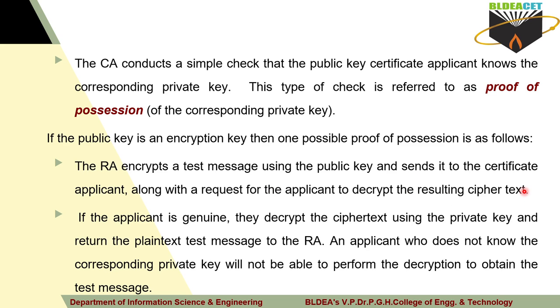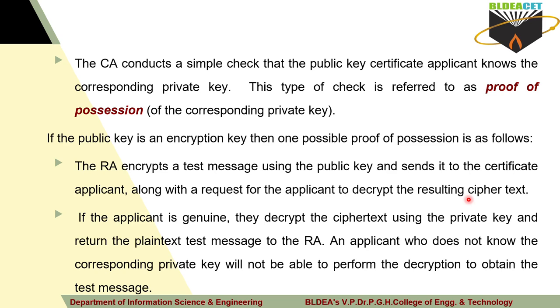So here, the RA will encrypt, because the RA knows the public key of the applicant, and with the help of that public key, the RA will send some message to the applicant and ask the applicant to decrypt the resulting ciphertext.